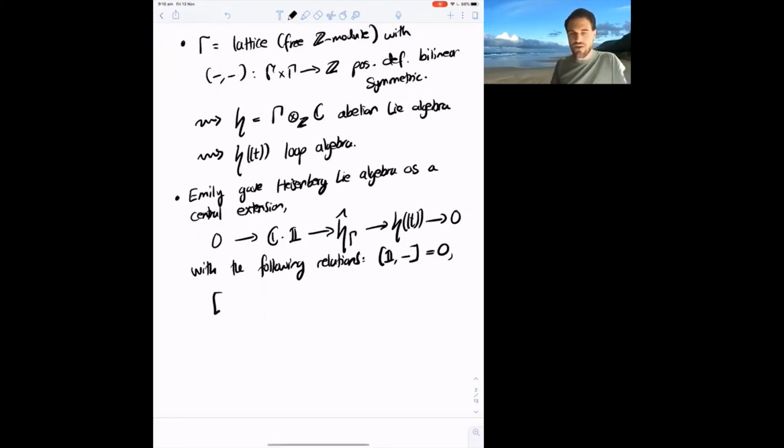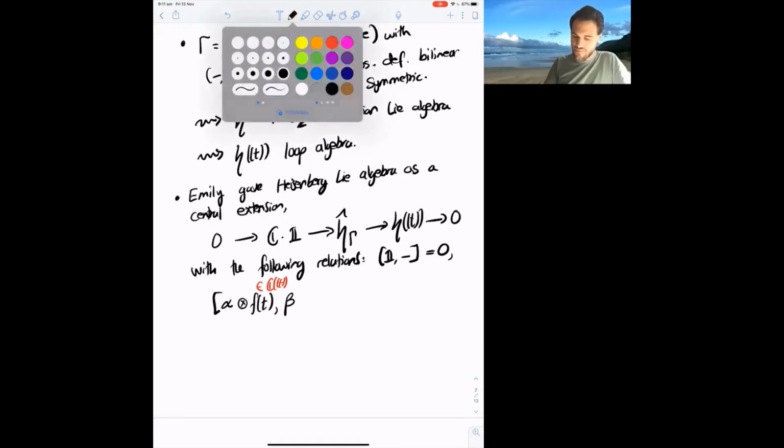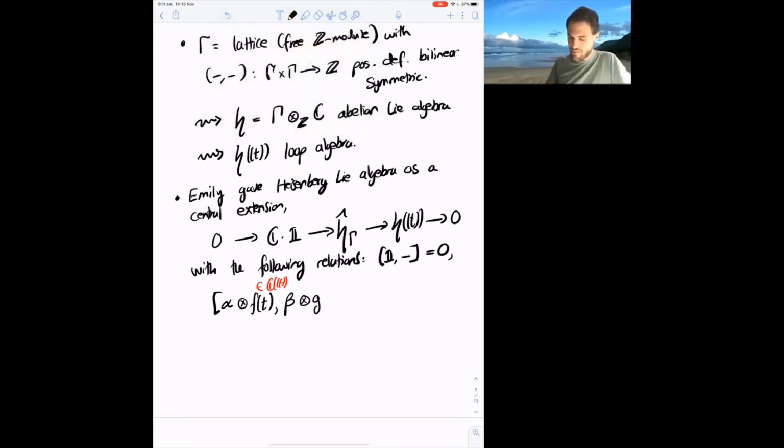A typical element in the loop algebra looks like alpha tensor f of t, where alpha is drawn from H, so it's a lattice element tensored up to C, and f of t is inside of C. Then we have beta tensor g of t.